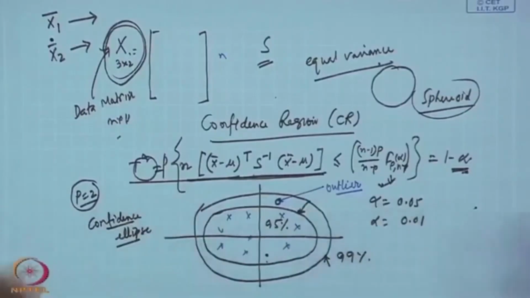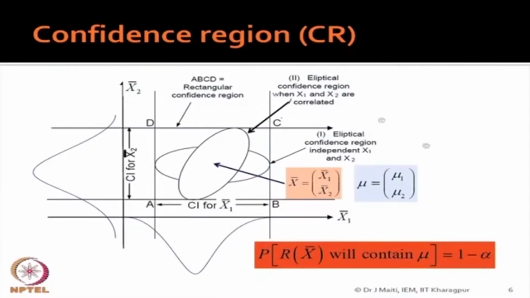Another important issue here is this. You see this figure, this is what we practice in quality control. There are 2 dimensions, x1 bar and x2 bar, and the individual confidence intervals collectively make one rectangular region A, B, C, D. Suppose one observation falls here.